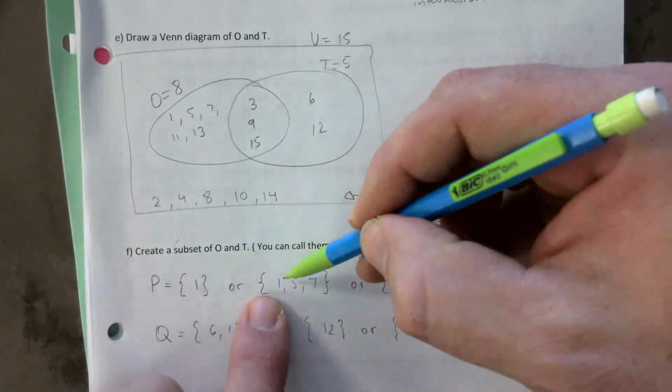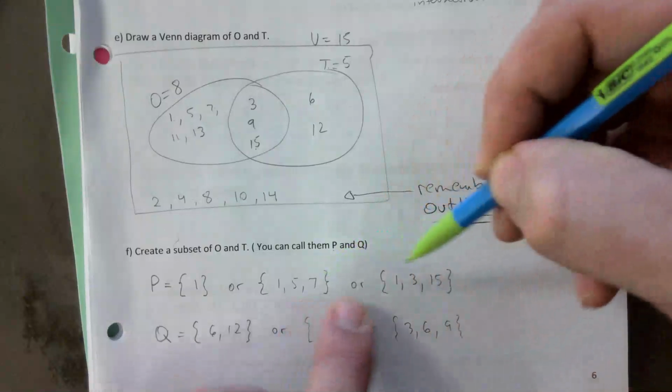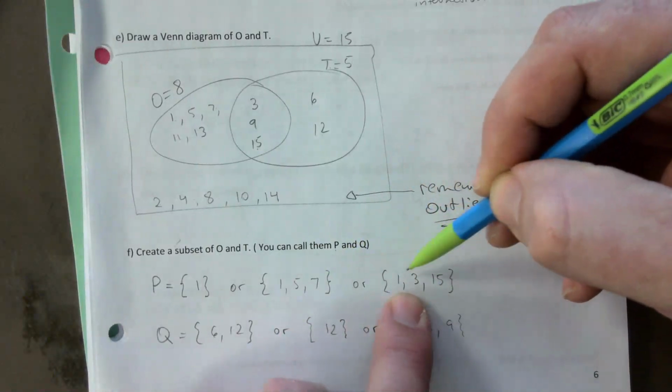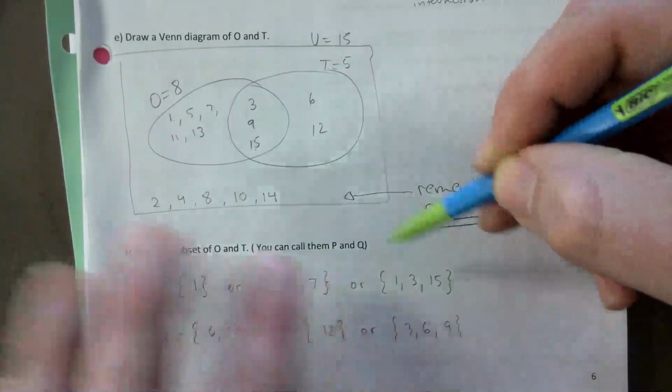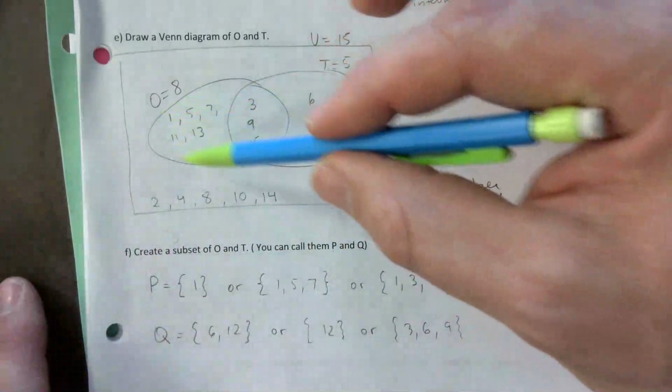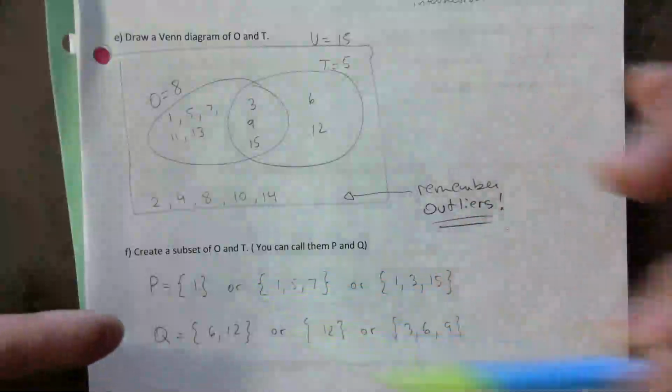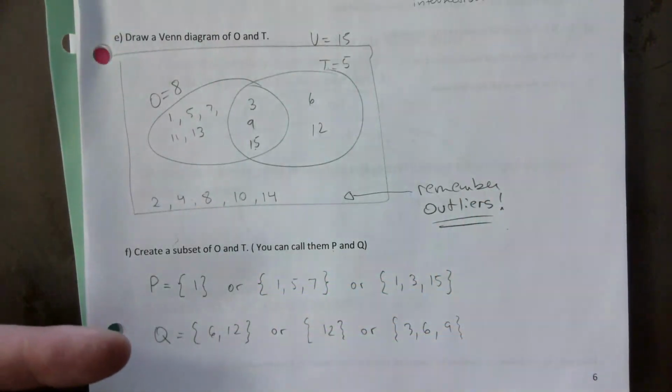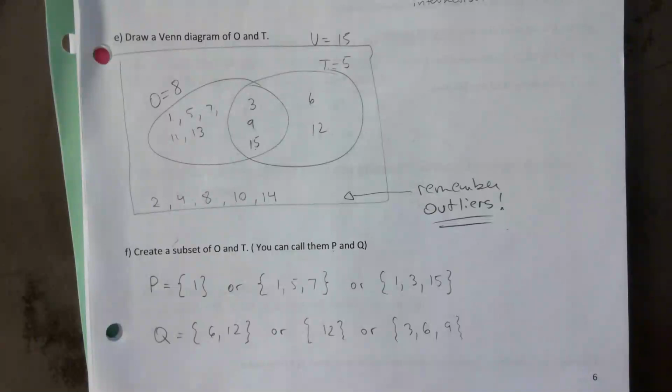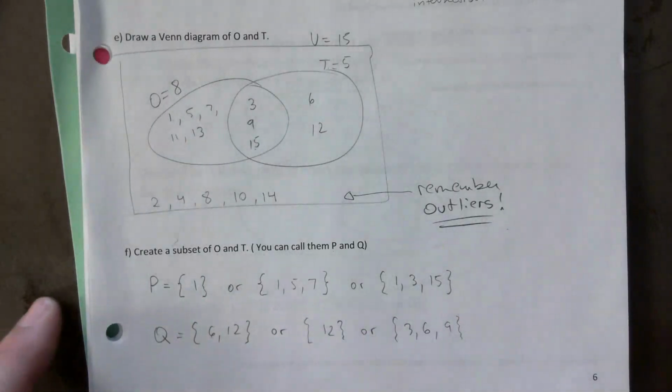You could grab any 3 you like, or I could grab different 3's, right? It doesn't matter as long as you don't grab all the elements, because then you're making the exact copy. That is not acceptable, okay? So you have to create a new set that has fewer elements, and that's your choice. There are lots of answers there.